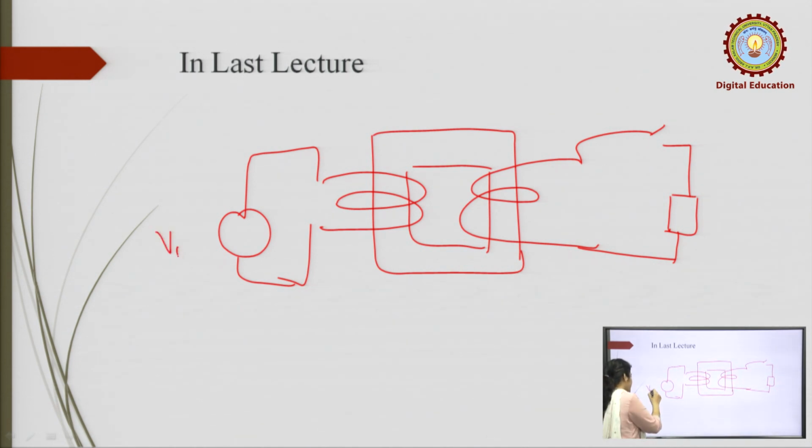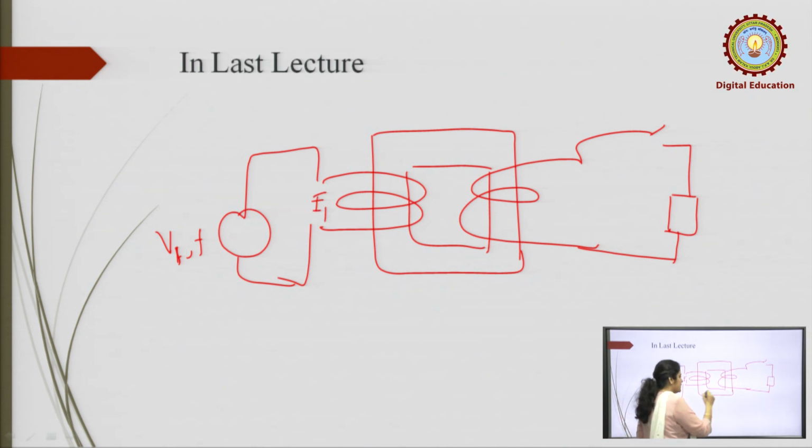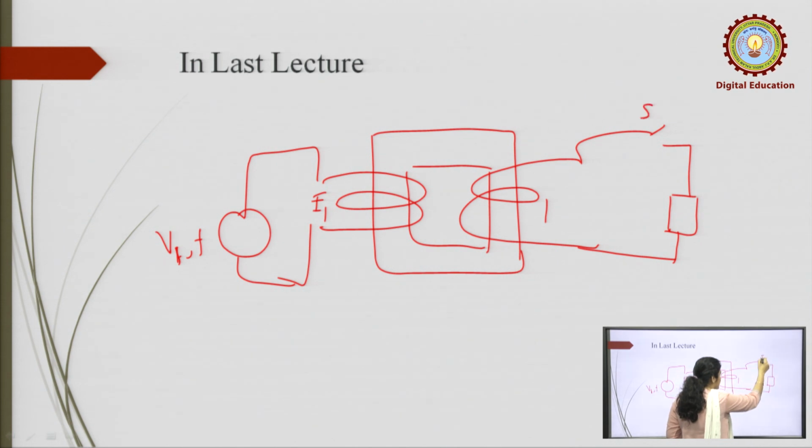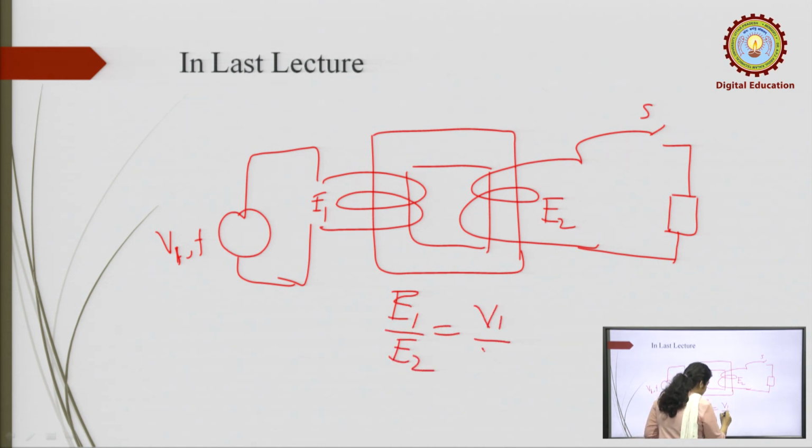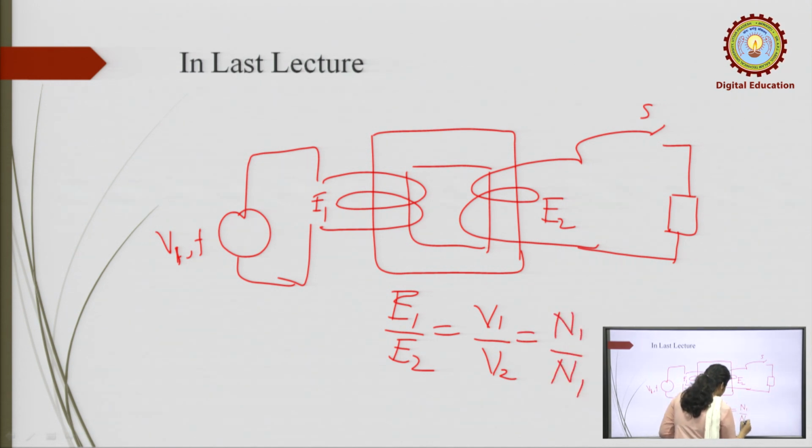Whenever you apply the voltage V1 at a constant frequency of 50 hertz, transformer action takes place and an EMF is induced in the primary coil. If no load is connected, E2 will be induced, and we have seen that E1 by E2 is equal to V1 by V2 is equal to N1 by N2, the ratio of the number of turns in the primary and secondary.